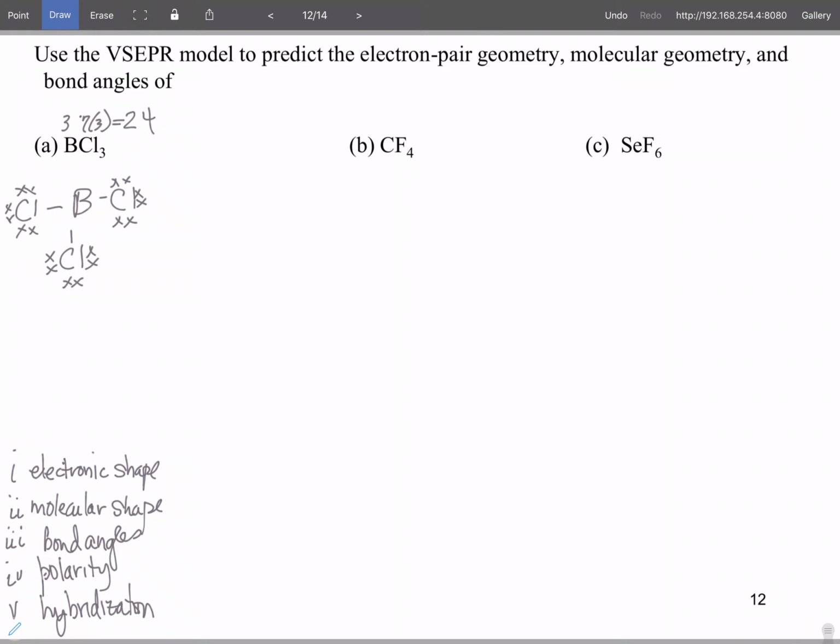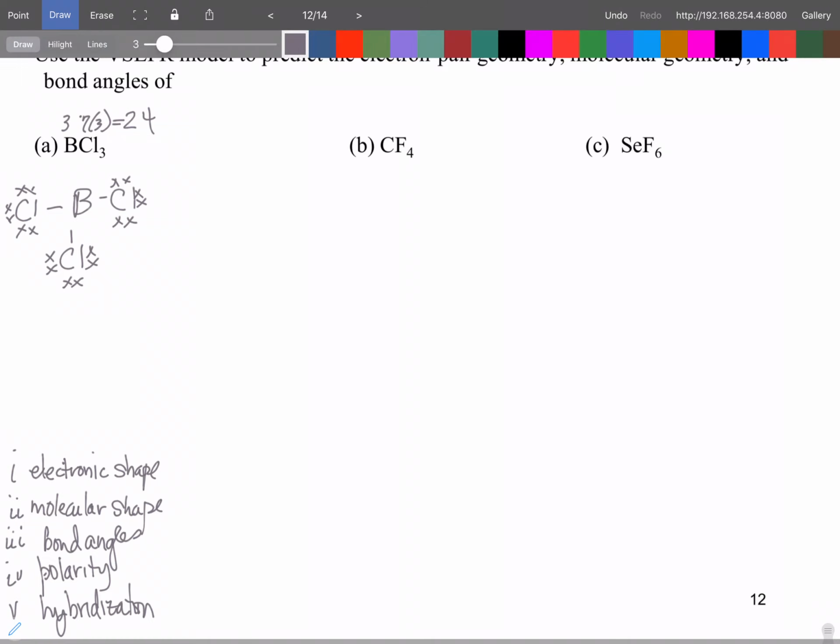Okay, so we're good. Now on this first one I'm going to count regions. So we've got 1 region, 2 regions, 3 regions. So we have 3 electron regions.